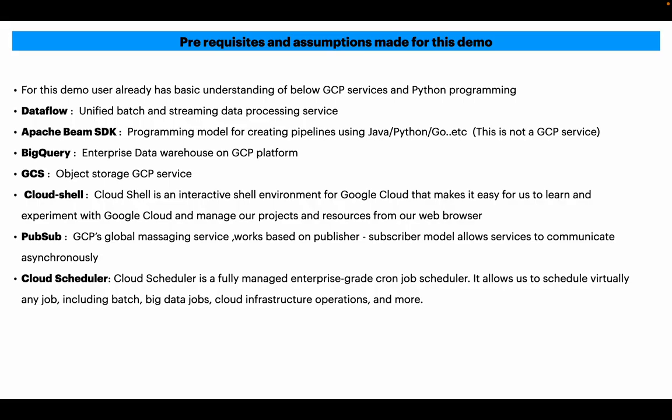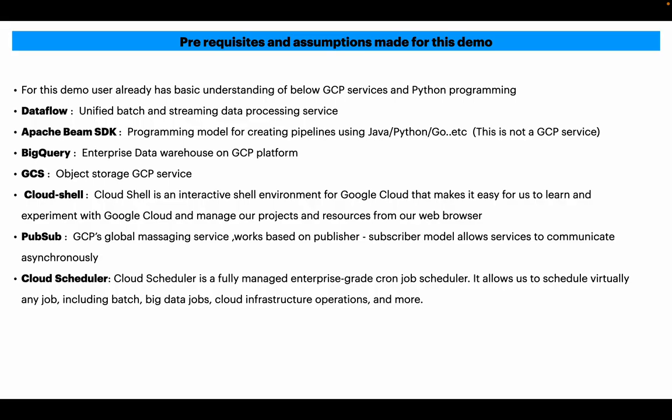The first service is Dataflow. Dataflow belongs to the GCP big data processing stack. It is mainly used for processing bulk volumes of data, or huge data. It's used for unified batch and streaming data processing. And also Apache Beam SDK.